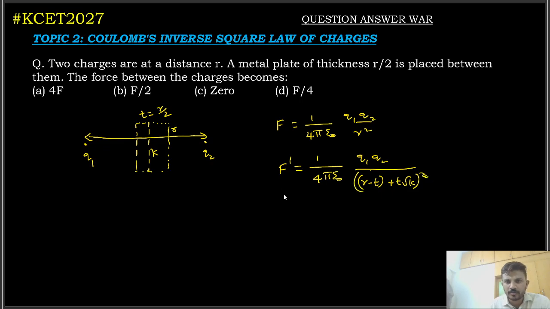So what is the dielectric constant value for the metal plate? Oh, metal plate is given. For metal plate K value is how much? K is equal to infinity. So 1 divided by infinity is 0. So your answer will be C.